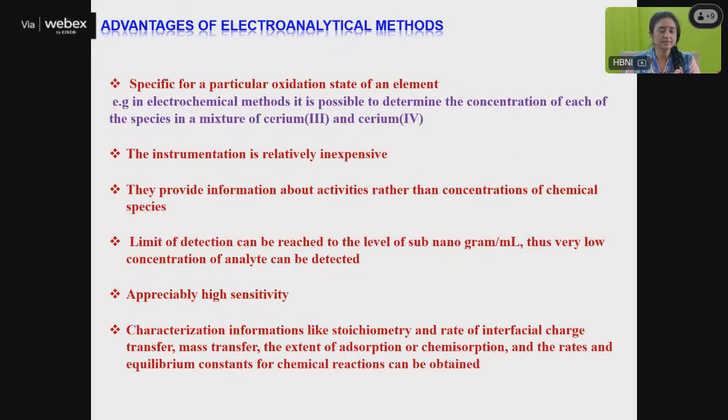Now, what are the various advantages of an electroanalytical method? It is specific for a particular oxidation state of an element. For example, if you are using spectrochemical techniques like we have seen, AAS or ICP-MS or ICP-OES, and you are analyzing iron, it will give the total iron.